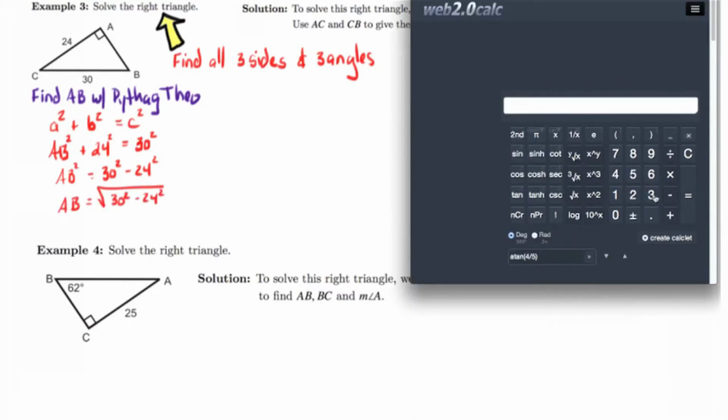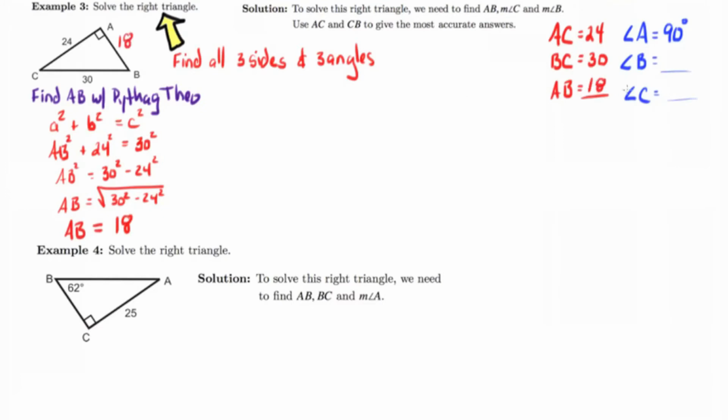and I can use my calculator, and it ends up being a perfect square, 18. So side AB is 18. Now I know all 3 sides. I can find the measure of angle B by using the inverse sine, because I know the opposite side and the hypotenuse.